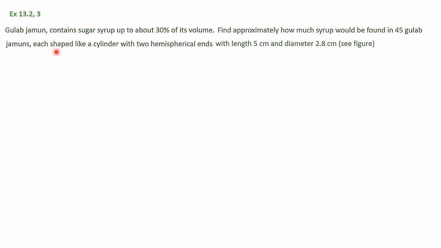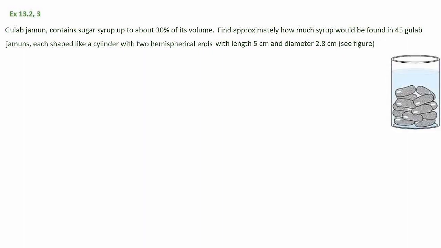And each gulab jam's shape is given to us. It is a cylinder with two hemispherical ends, and the dimensions are given to us: length 5 cm and diameter 2.8 cm. Let's see the given figure. There is a bottle of gulab jams and sugar syrup is there up to this much. That is maybe 30% of its total volume.